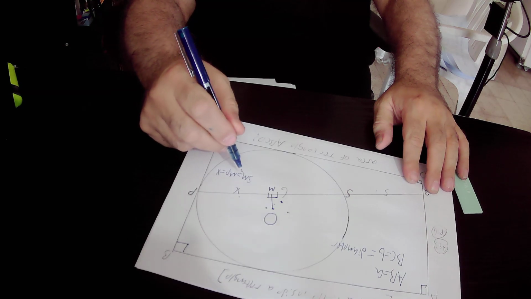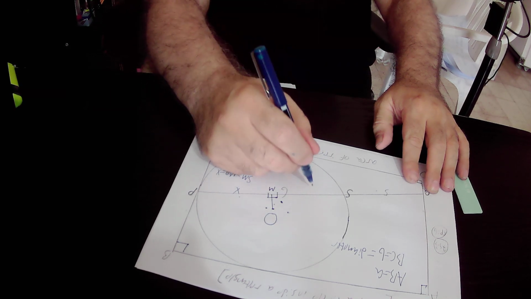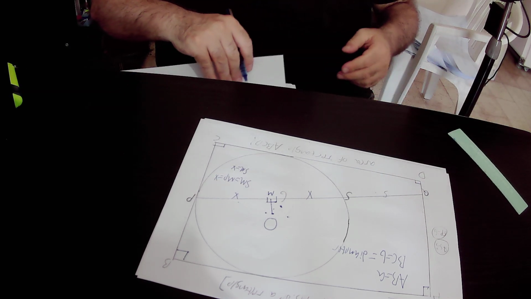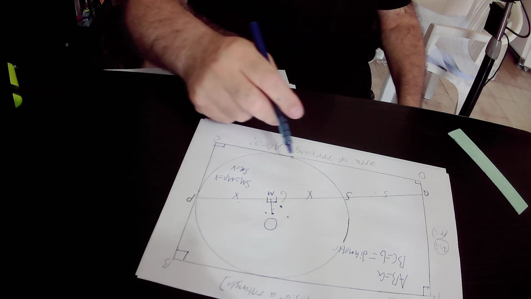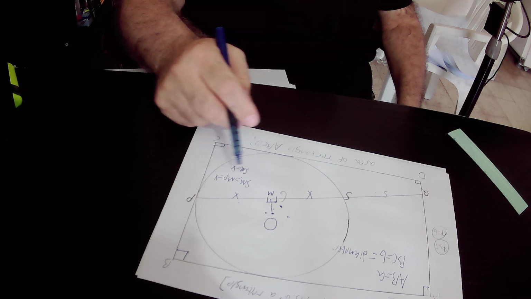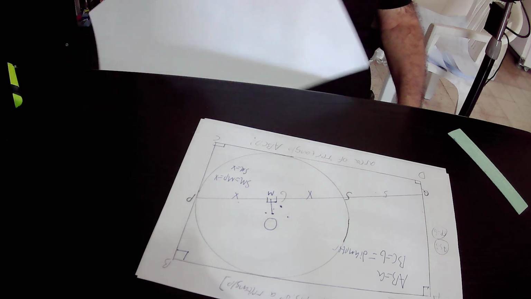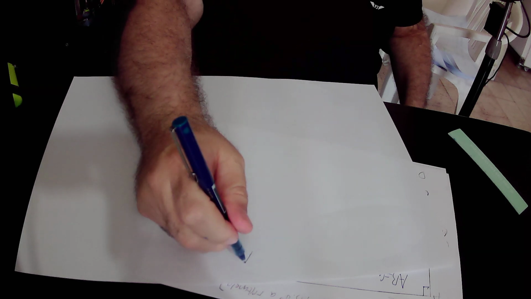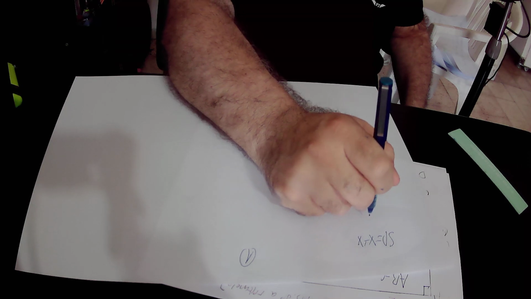then from this equation SM equals MP equals X, we derive that SM is also equal to X. So we know that SP equals SM plus MP, that is to say SP equals X plus X, which is 2X.